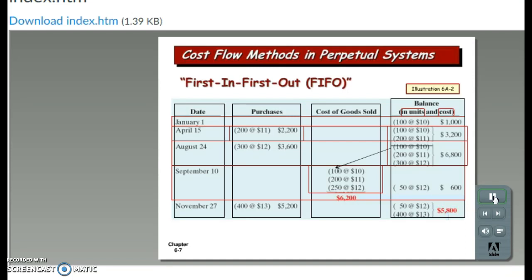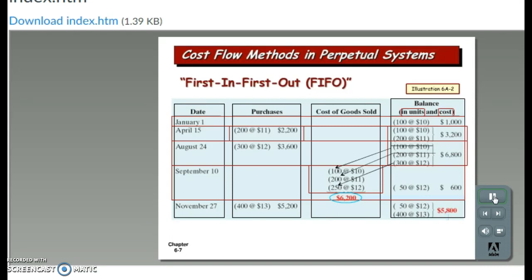The next oldest inventory sold is the 200 units at $11 each, crossing those out to signal that those also have been sold. Now 300 of the 550 units sold have been accounted for. The remaining 250 units come from the 300 units at $12 each. The total cost of the 550 units sold is $6,200.